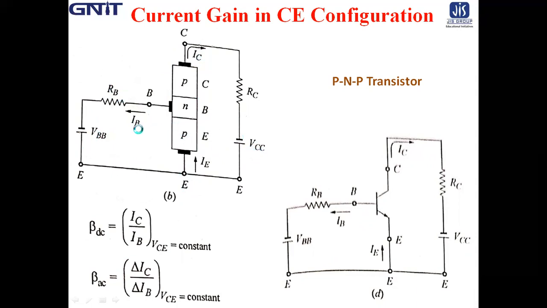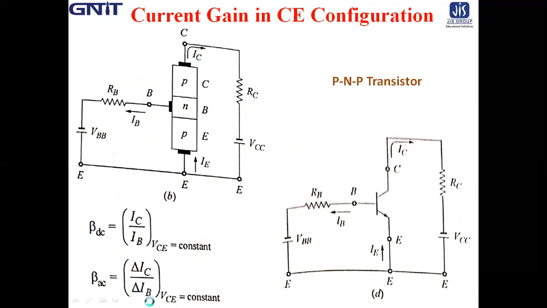So the input current is IB and output current is IC. So the ratio of collector current to base current for a constant VCE, that is the collector to emitter voltage, is called common emitter DC current gain, which is denoted as beta.